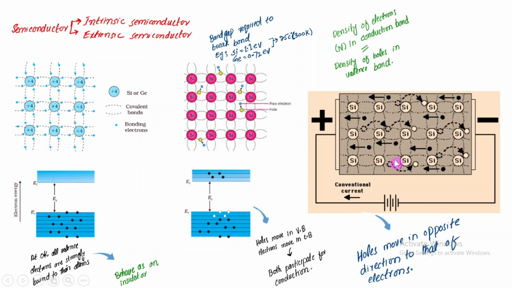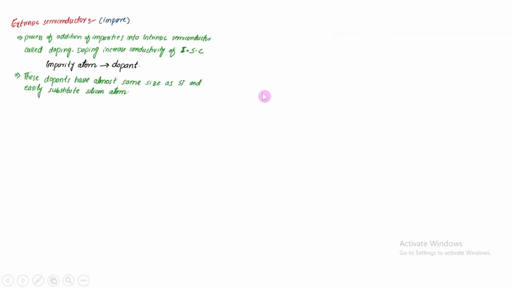Now it will become impure. In order to enhance its conductivity, we are compelled to add impurity atoms into that pure silicon crystal.